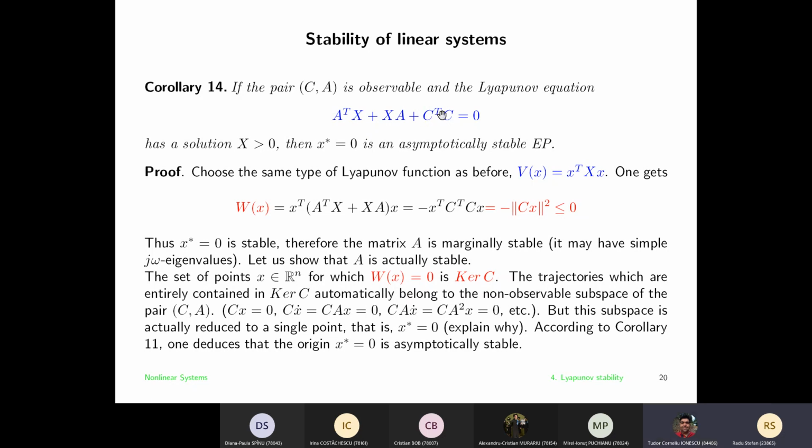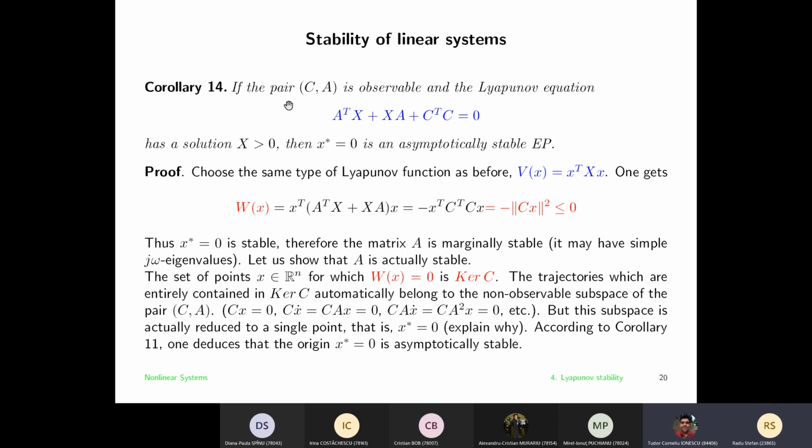C is a matrix of dimensions p by n. It's like the C matrix from the linear system. Yeah, because we are talking dynamical systems.